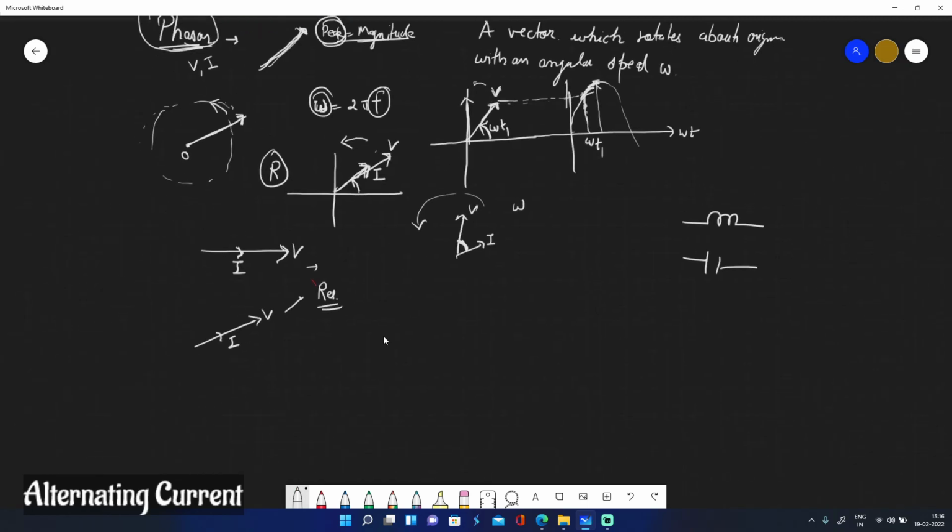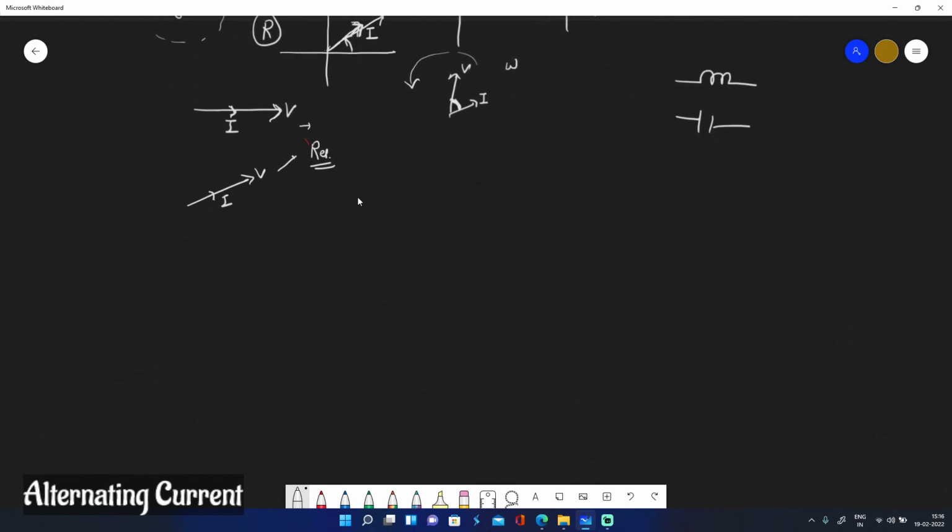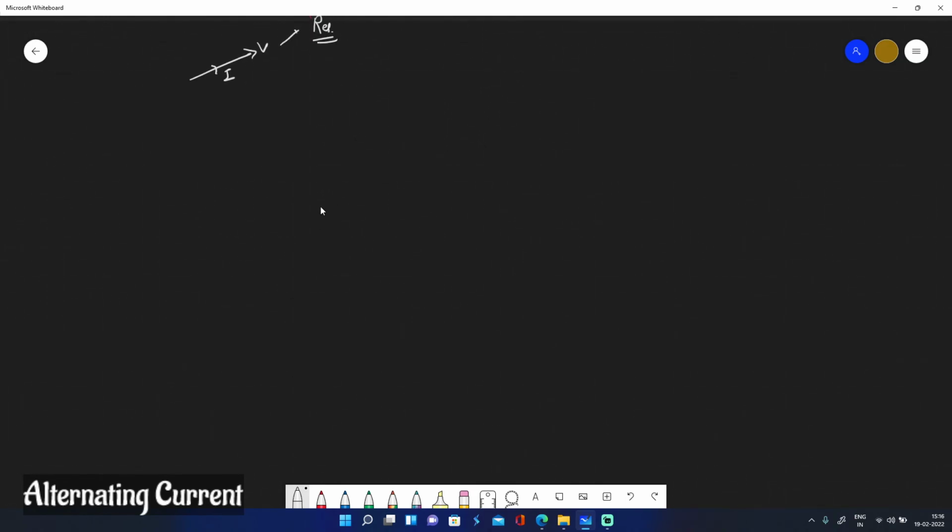So let's conclude for today's class, and let us see what important things we have learned today. We discussed the resistive circuit excited by an AC source. In this, first of all, we found the expression for IRMS and VRMS, and we also found the expressions for half cycle averages and full cycle averages.